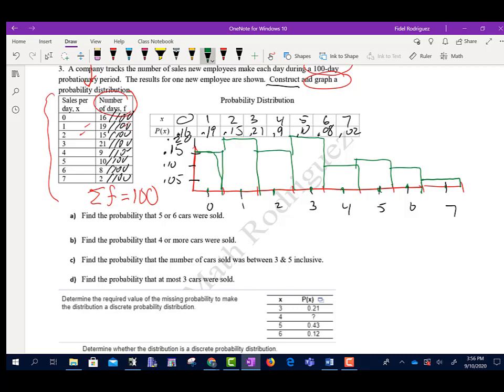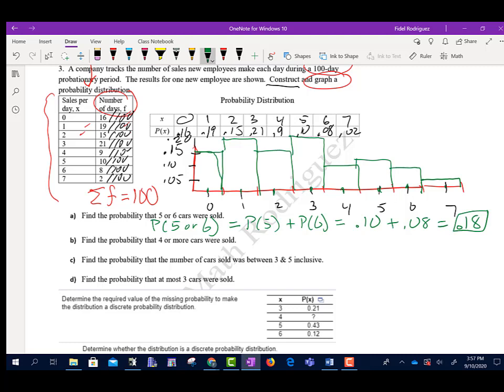Okay. So now let's see if we can figure out part A. Part A says find the probability that 5 or 6 cars were sold. So we're going to take the probability that 5 cars were sold, and add the probability that 6 cars were sold. At 5, it's 0.10, and at 6, it's 0.08. So that would leave me with 0.18.